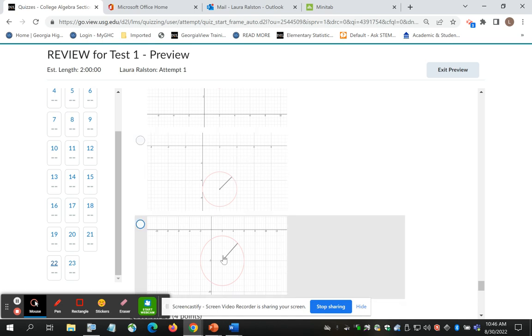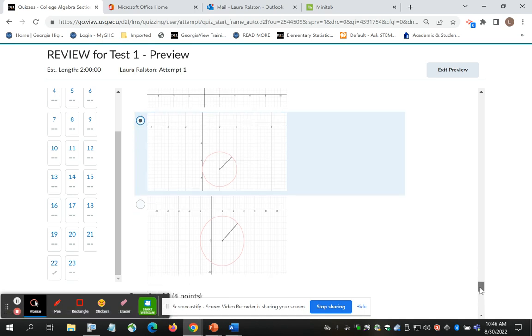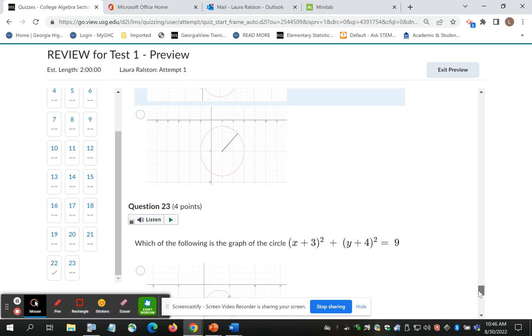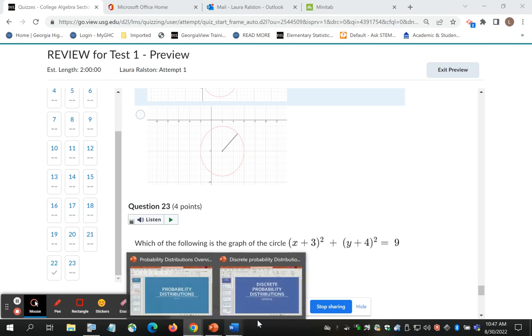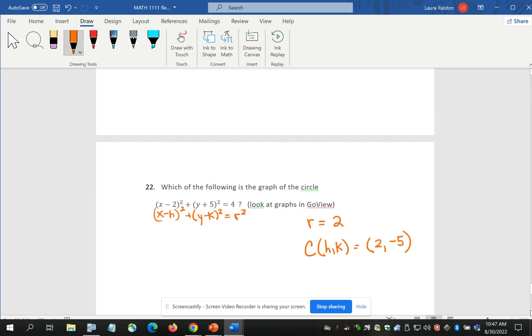If you look at the next one, it also is at 2, -5, but the radius is bigger. So I need the smaller one. So I would choose this one. I believe your last choice there is none of these. So the easiest thing to do is to recognize what your center and radius is and then look for that particular graph.